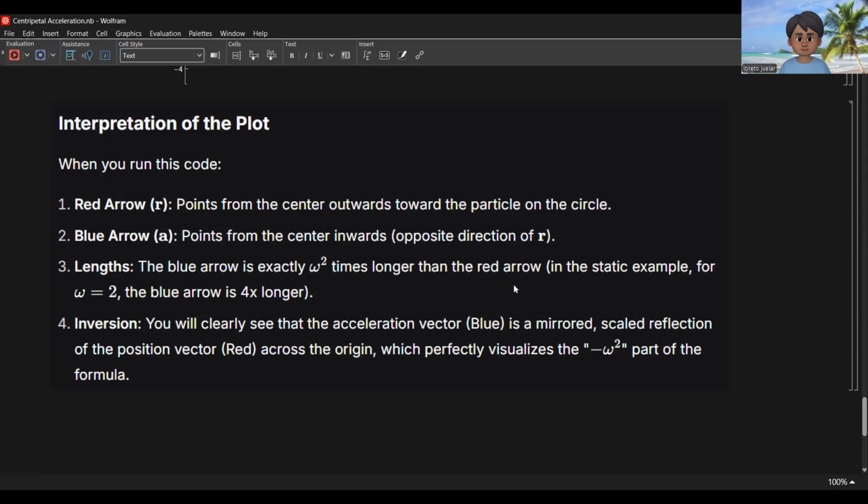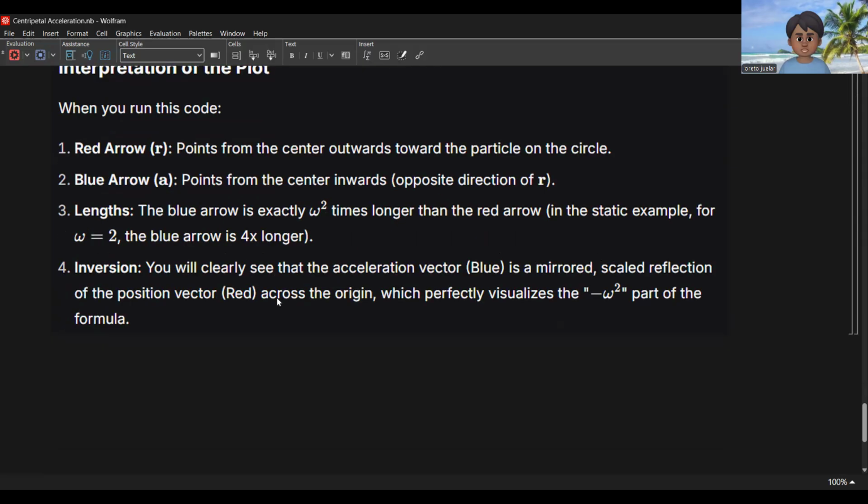In the static example, omega is equal to 2, so the blue arrow is 4 times longer. You will clearly see that the acceleration vector is a scaled reflection of the position vector, the red one, across the origin, which perfectly visualizes the negative sign of the angular velocity part of the formula.